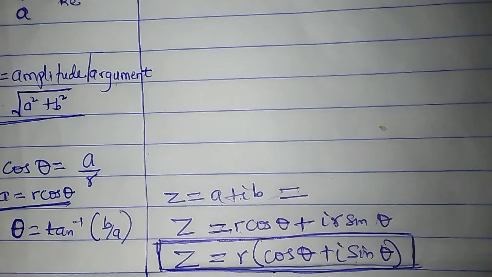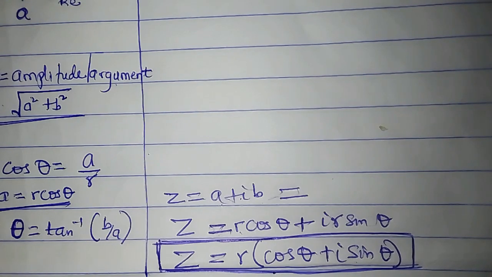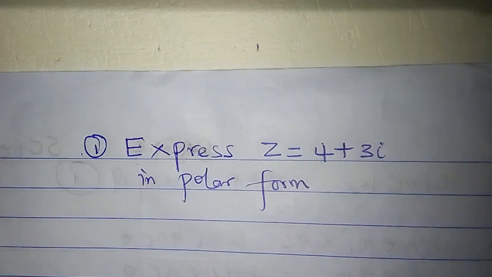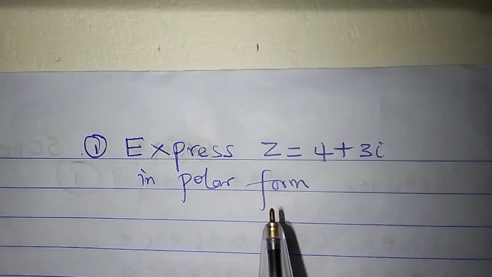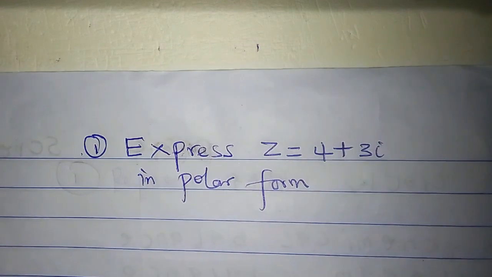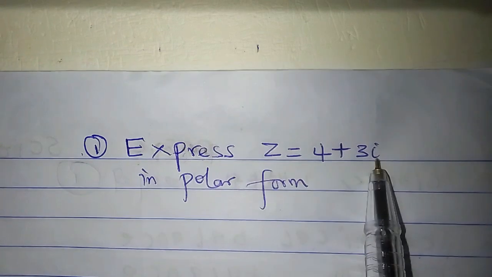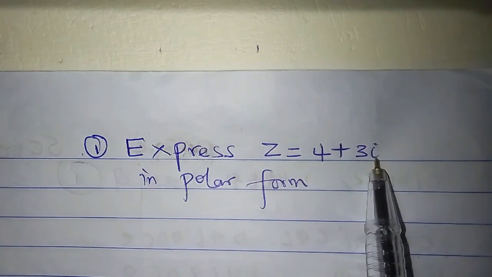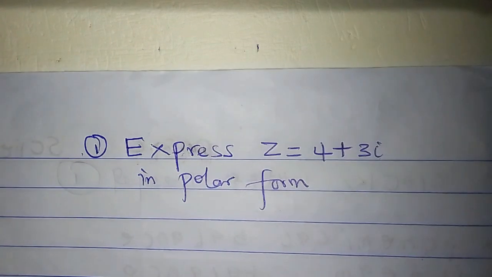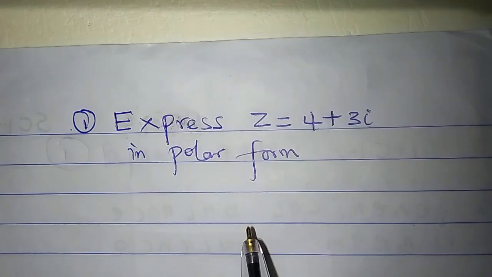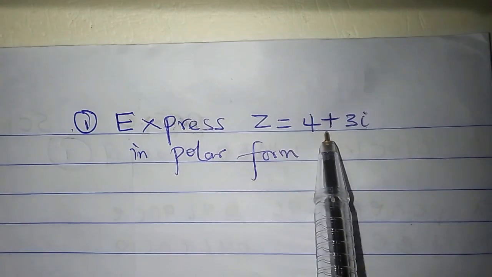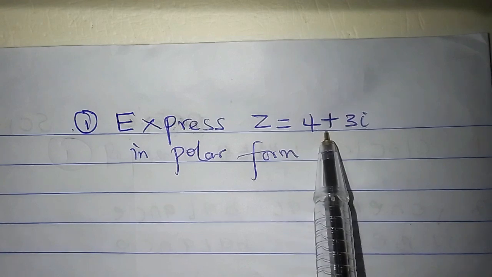Alright, let us proceed and see how some complex numbers are represented in polar form. The first question here is to express z equal to 4 plus 3i in polar form. The complex number here is in rectangular or Cartesian form. So let us express it now in polar form. The first thing I'm going to do is to have a sketch of this on an Argand diagram.